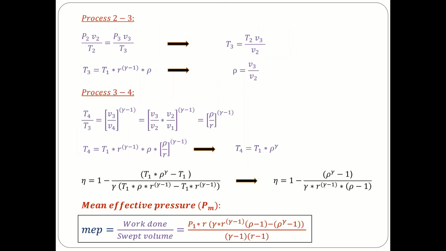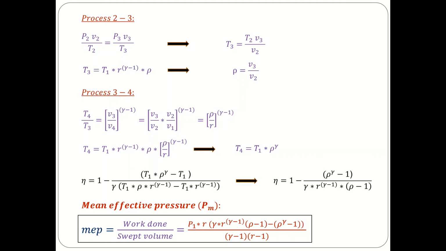Similarly, for process 2-3, since this is a constant pressure process, we can use the gas law, which is P2 V2 by T2 equal to P3 V3 by T3. And since heat addition process 2-3 is a constant pressure process, P3 and P2 are the same.